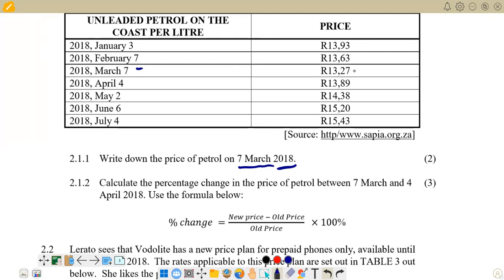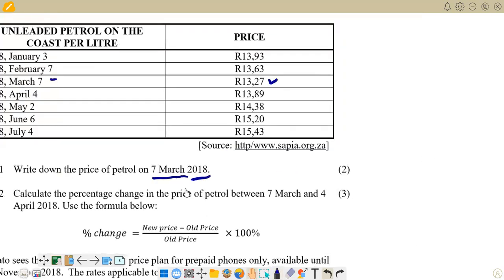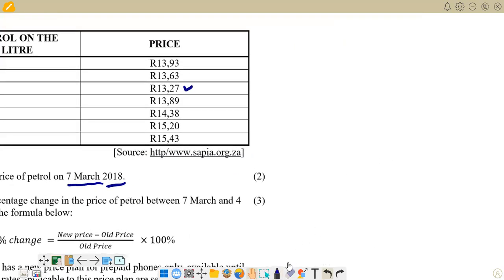The price is 13 rand 27 cents. So that's what we have on 2.1.1, and the answer is 13 rand 27 cents. That's the first part of this question.